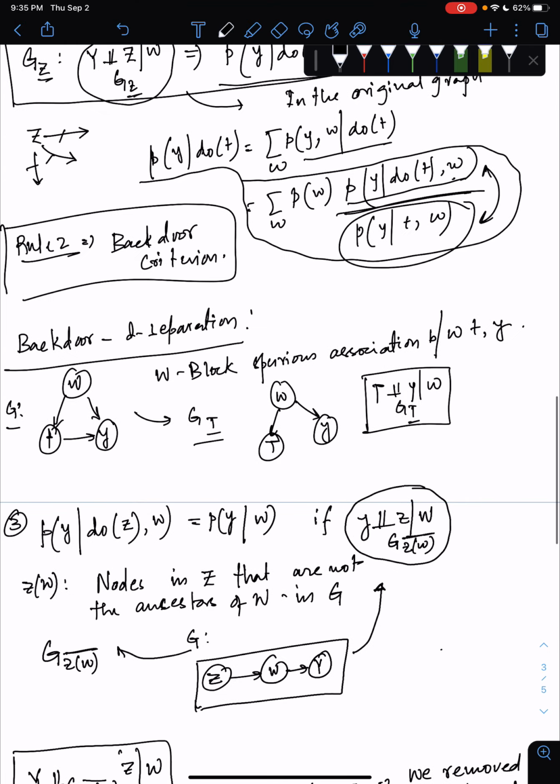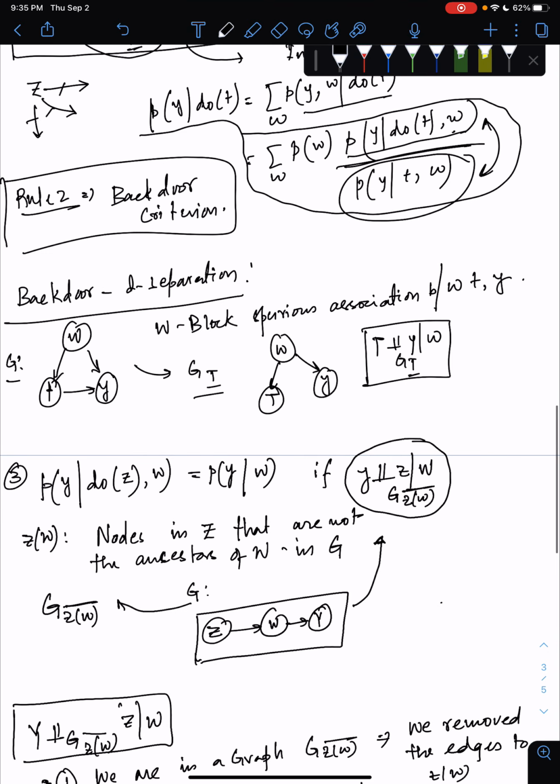Now in d-separation, if we go from backdoor to d-separation, in the backdoor criterion we can have this sort of graph, and we say that if W blocks all the spurious association between T and Y, we can go from G to G_T̄, and we can remove the edge from T to Y. Okay, let's frame it in other words.